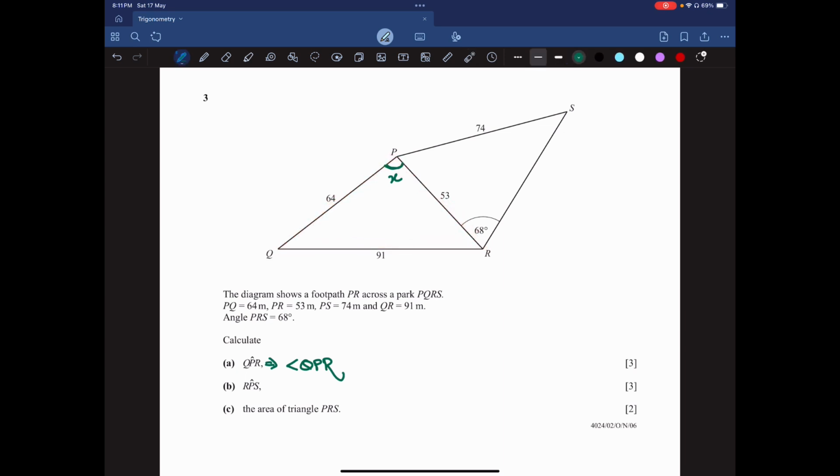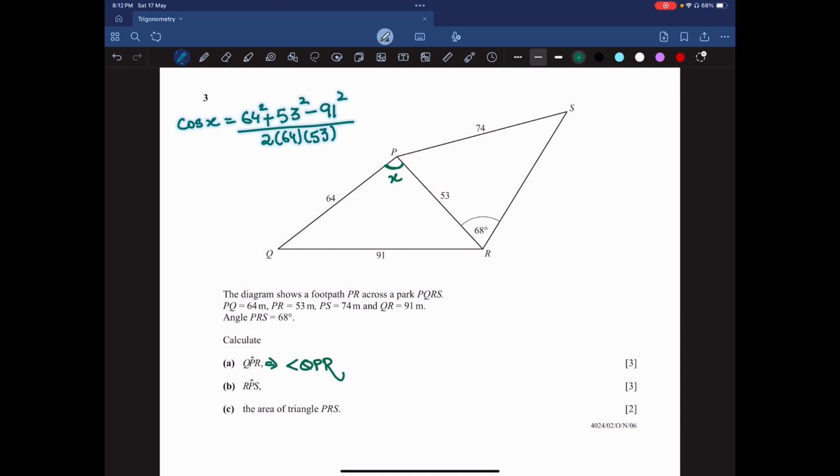Now, cos of x, let's formulate the expression for cos of x. Square of neighboring sides. What are the neighboring sides? 64 and 53. So 64 square plus 53 square minus the square of the third side, which is 91, over 2 into 64 into 53, the neighboring sides.